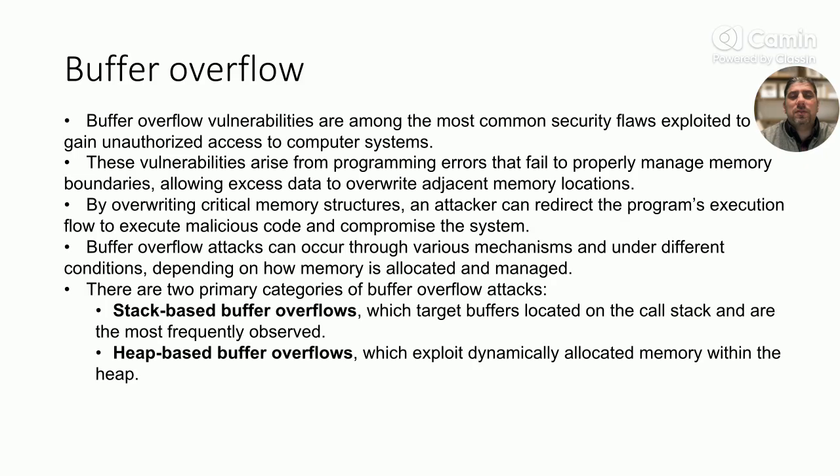These vulnerabilities arise from programming errors that fail to properly manage memory boundaries, allowing excess data to overwrite adjacent memory locations. By overwriting critical memory structures, an attacker can redirect the program's execution flow to execute malicious code and compromise the system.